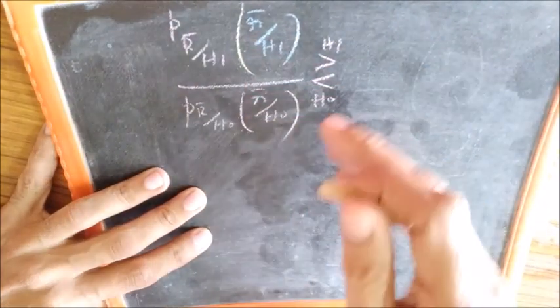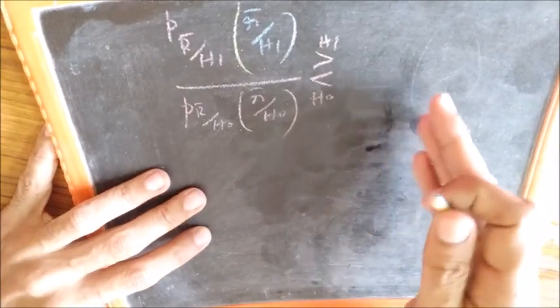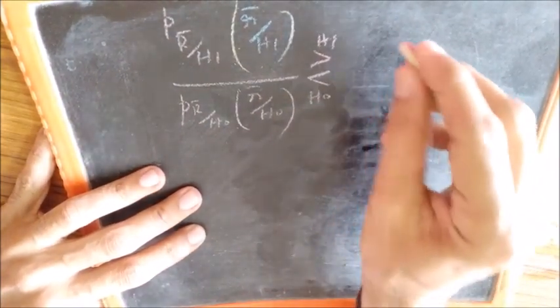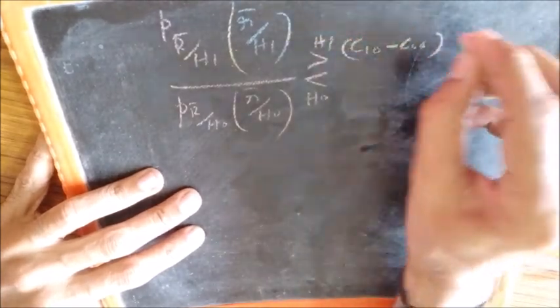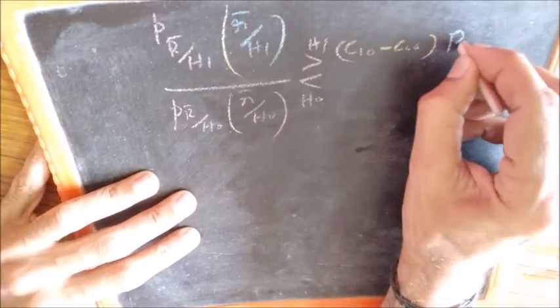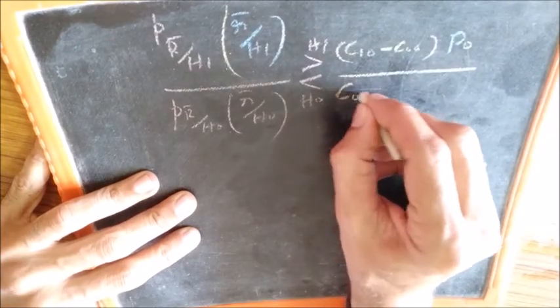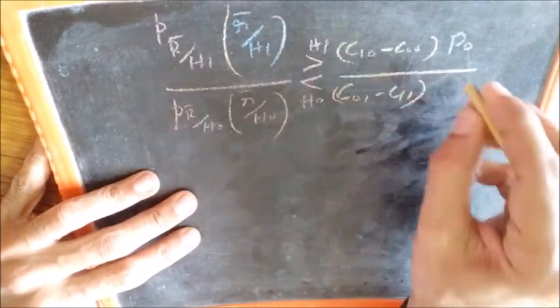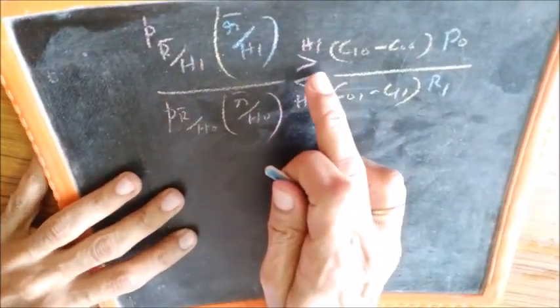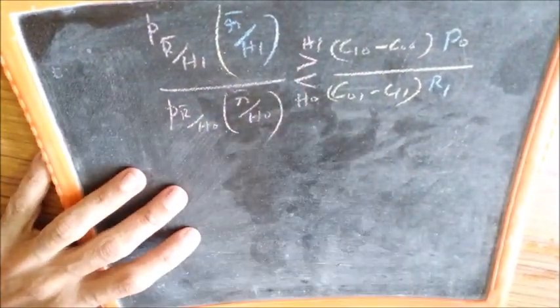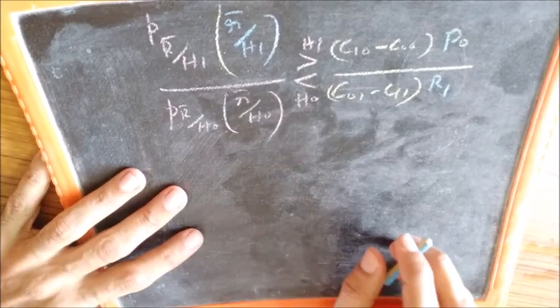If this ratio that we have on the left hand side is greater than what we have here on the right hand side, we can say that the hypothesis was H1. If it is less, we can say that it is H0.